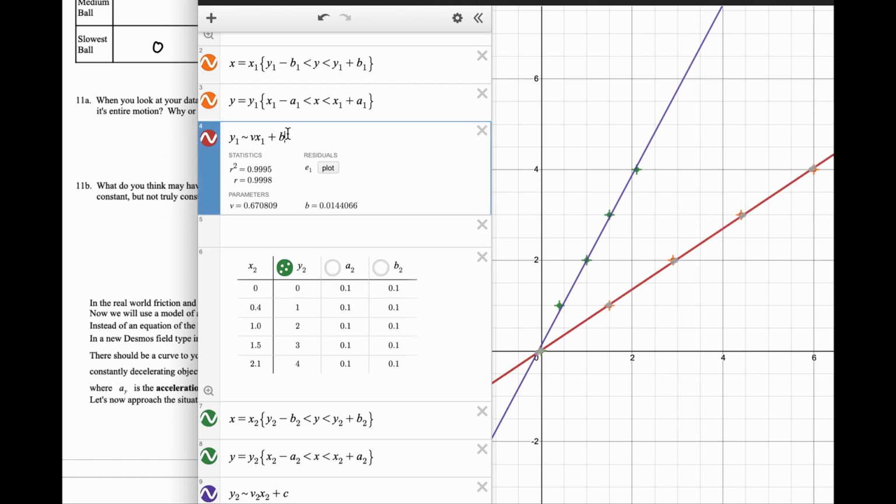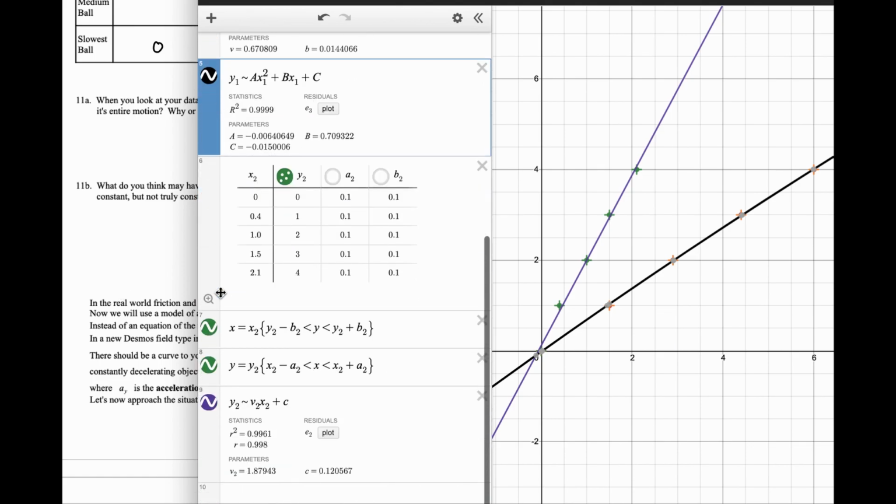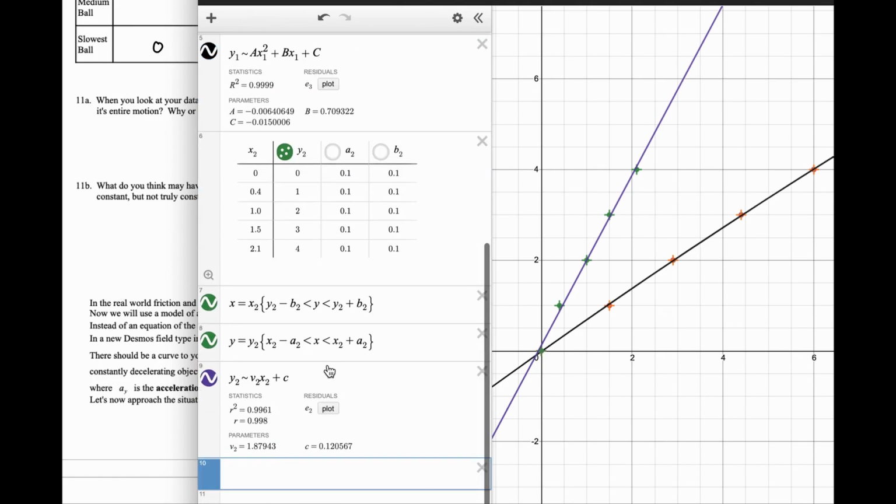So you just got to change it up. I'll do it in a new field here. So these are actually pretty good values. Pleasantly surprised to find that the acceleration is negative, because that's what you want. Let's try the same thing over here for the next one.